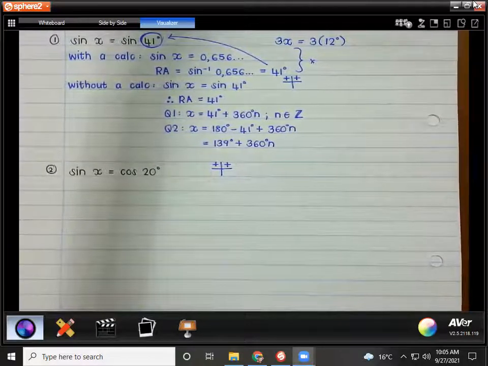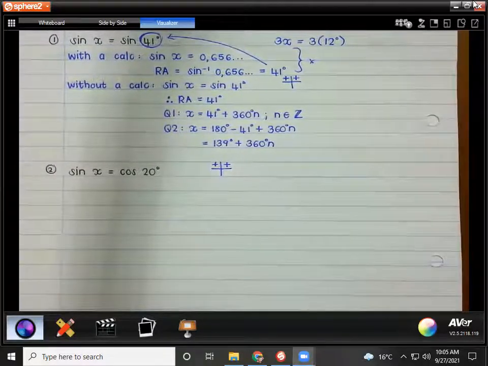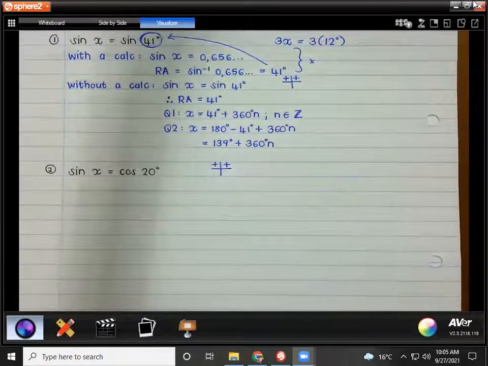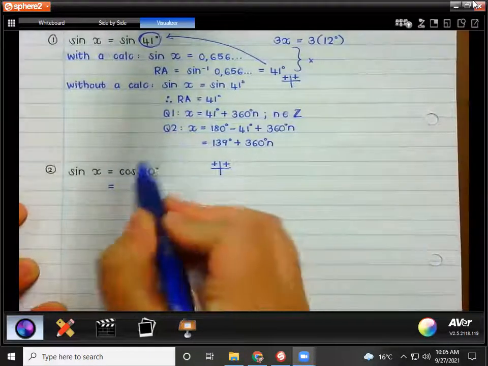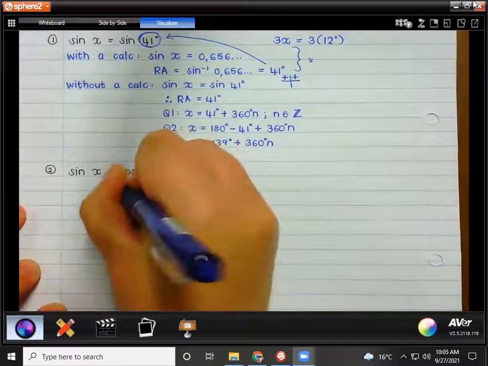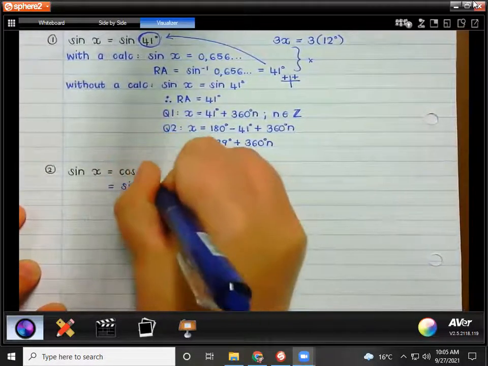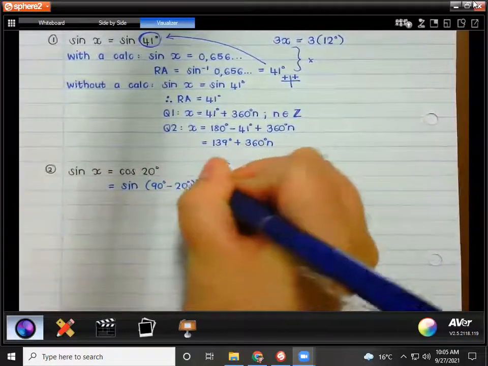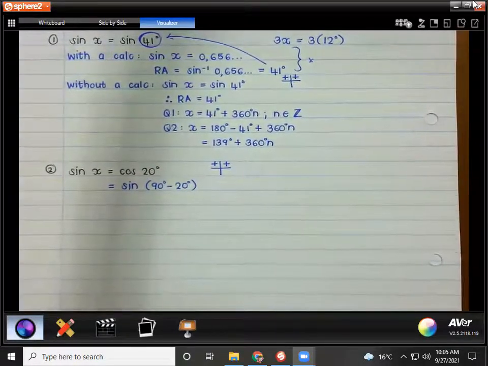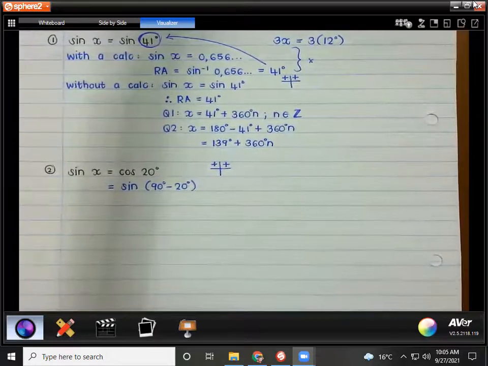I'm going to change cos 20 into sine 70. Do we remember our co-ratios? So sine x is equal to cos 20. This is going to be the same as sine of 90 minus 20, or you can just write sine 70 straight away.